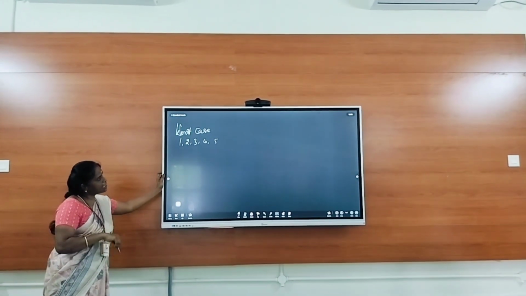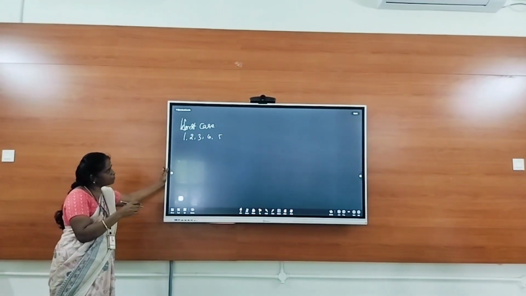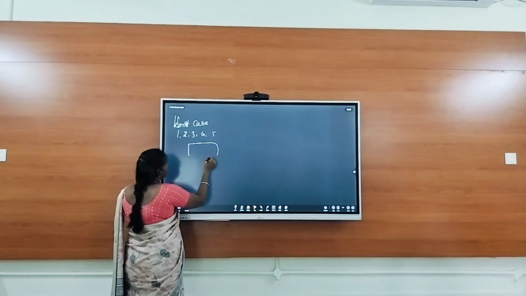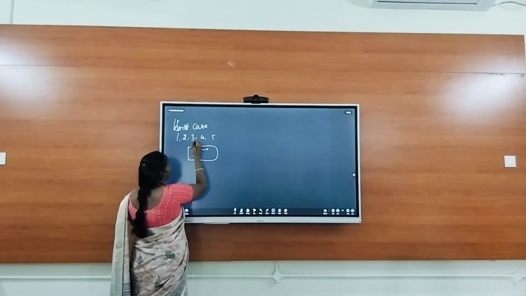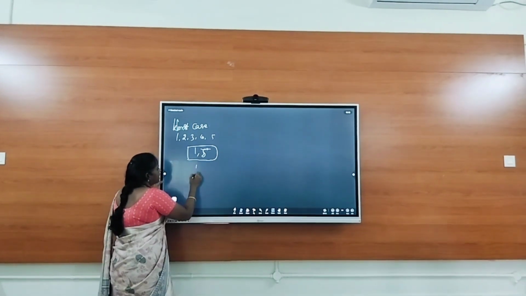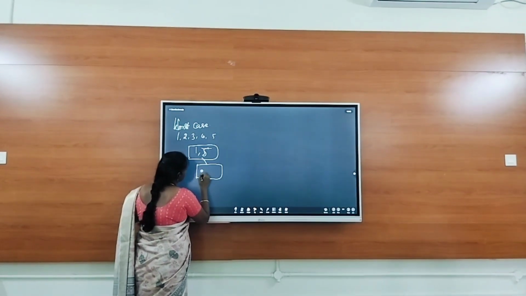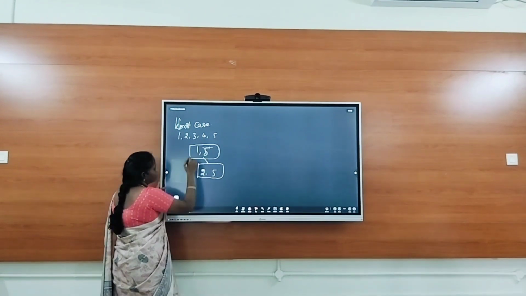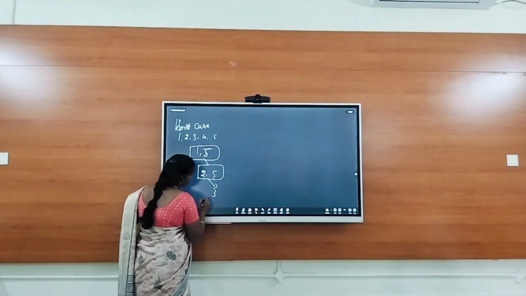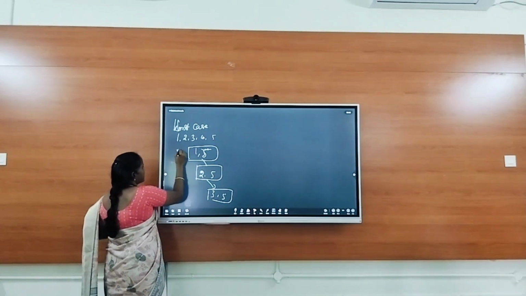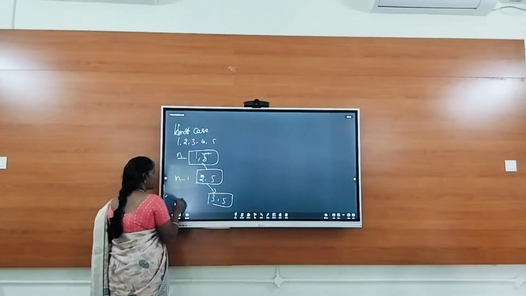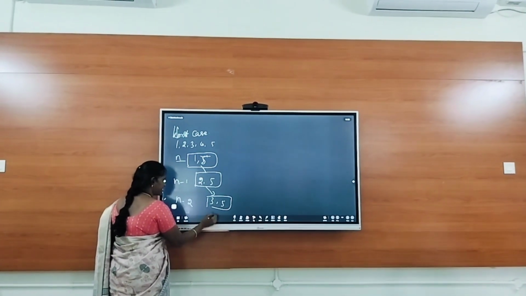We check n comparisons for the partition. First we take the first element and check up to 5. Again we take the second element and check up to 5. Next we take the third element and check up to 5. So here we make n comparisons, here n minus 1 comparisons, here n minus 2 comparisons.